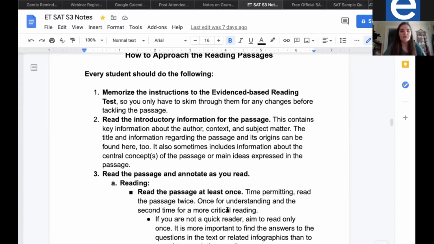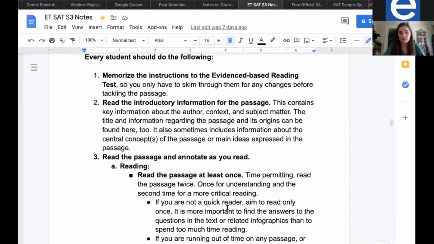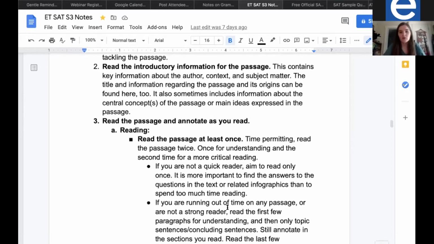Okay, so the other things you needed to have done this week: memorize the instructions to the evidence-based reading test. I expect everyone in this class right now to have memorized those instructions. If you haven't, continue working on it until you do, because it's going to help you in the long run.